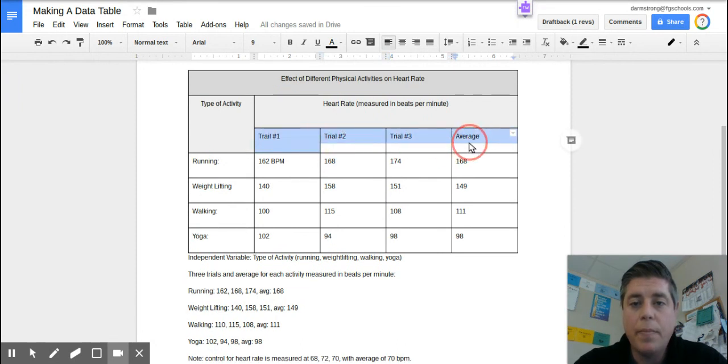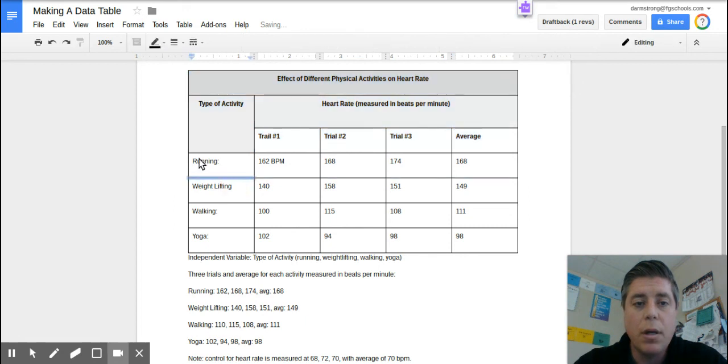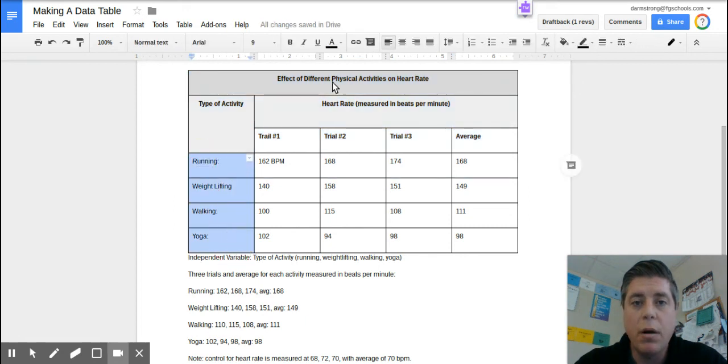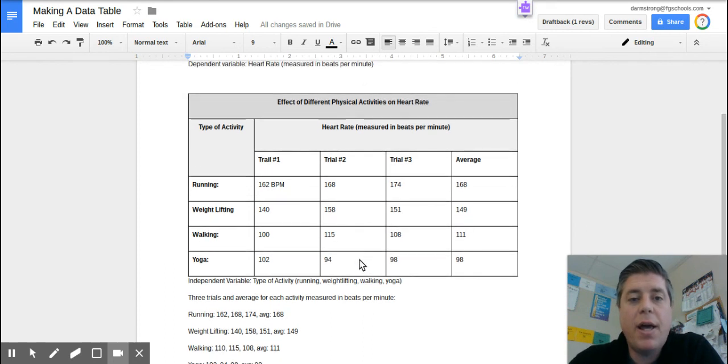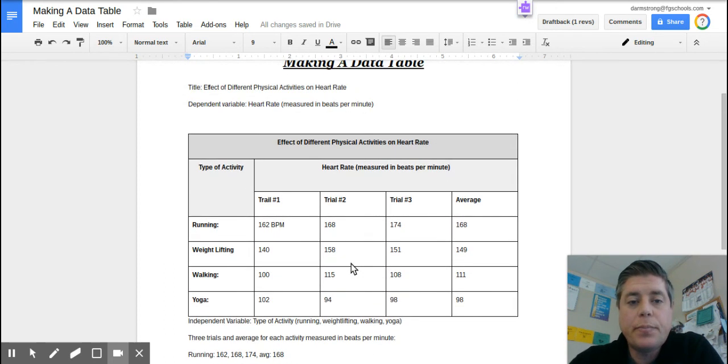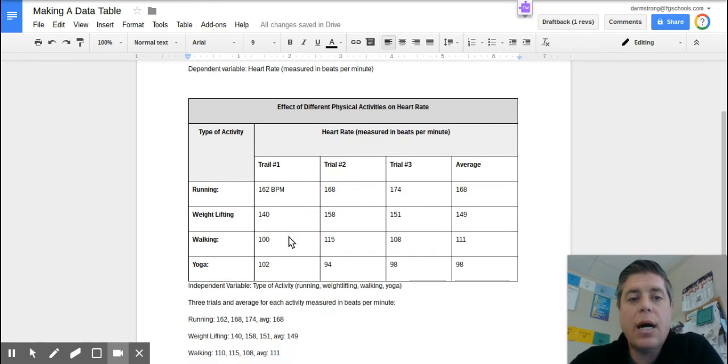So now I'm actually going to bold all my titles so they kind of stand out a little bit. All right, let me do the same thing over here. Okay. And there you go. Now you have an organized, easy to interpret data table.